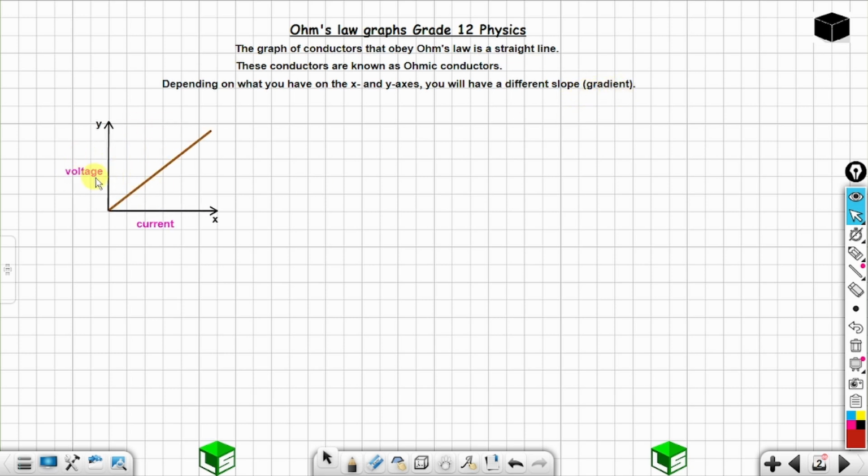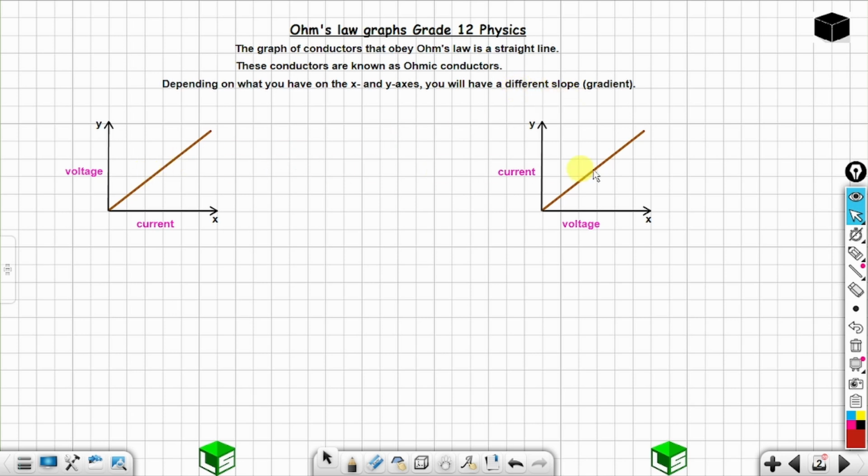You can have voltage on the y-axis and current on the x-axis, or current on the y-axis and voltage on the x-axis.